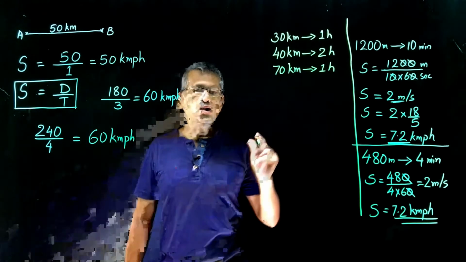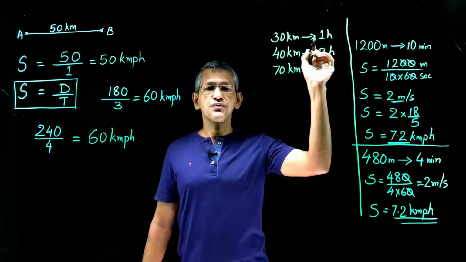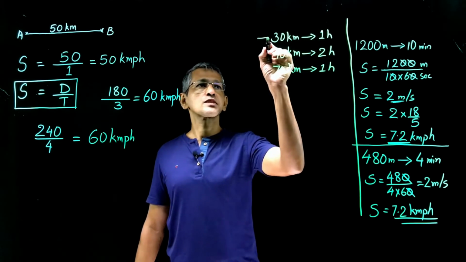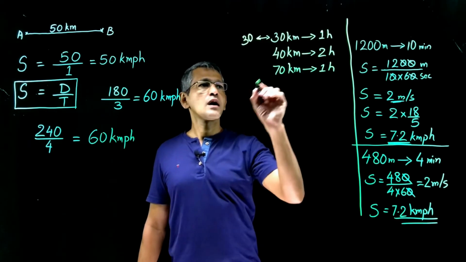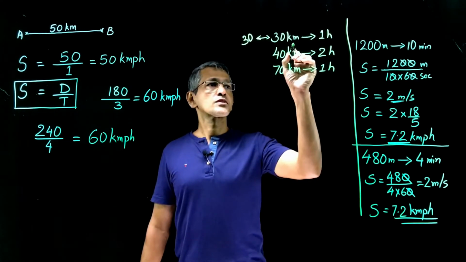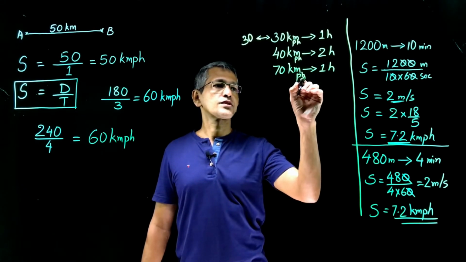That's the question. So in this case, what we have to do is 30 kilometers per hour, he traveled it for 1 hour. So what is the distance he has traveled? That must be 30, right? And in this case, his speed is 40 kilometers per hour. So let's write it as kmph.